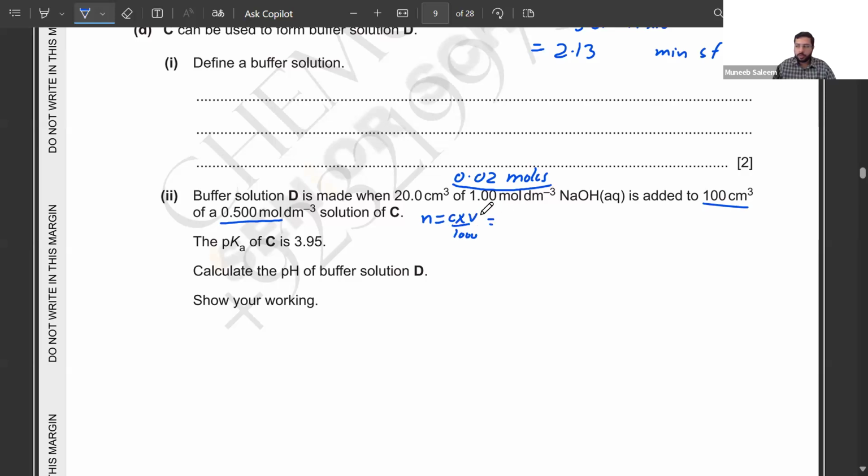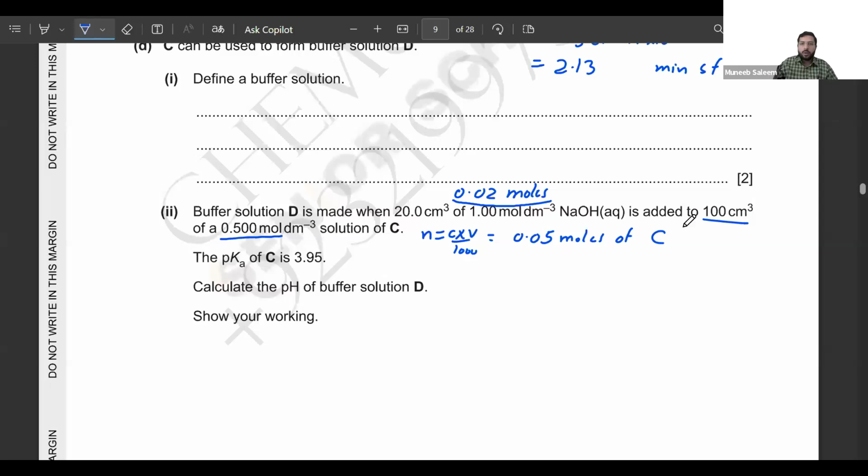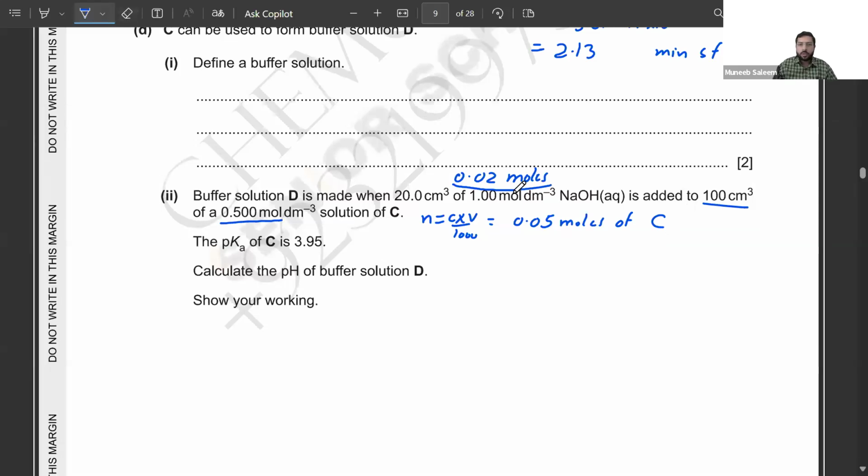So this should give you 0.05. Now these are the moles for C. We have calculated the moles of both the NaOH and C.